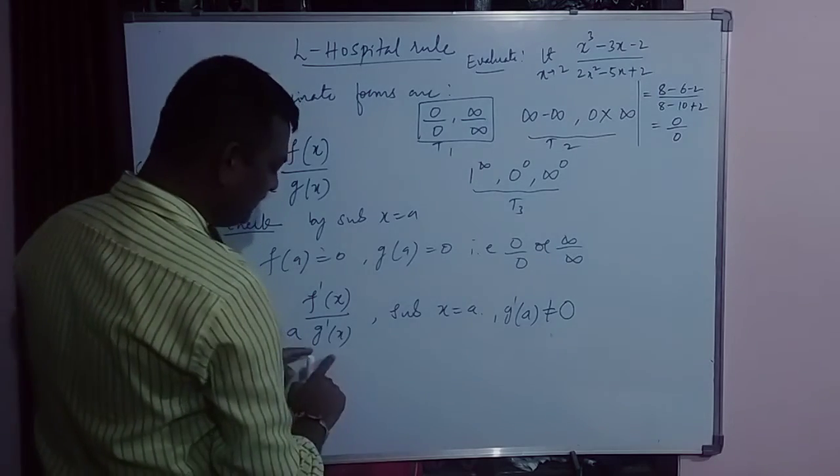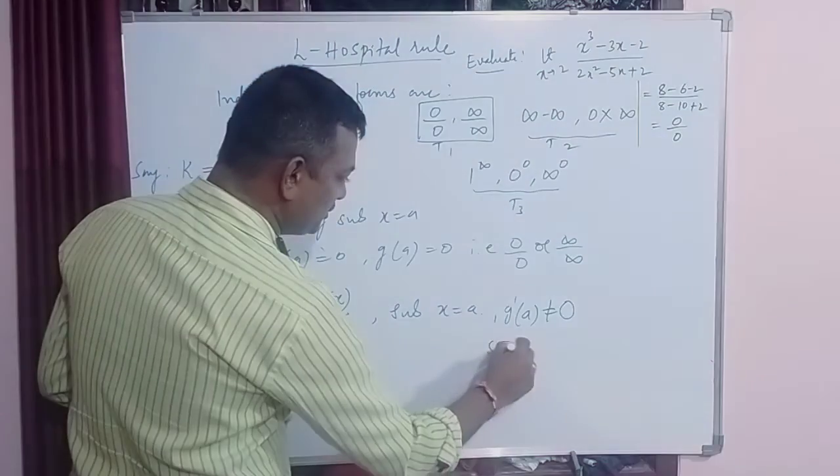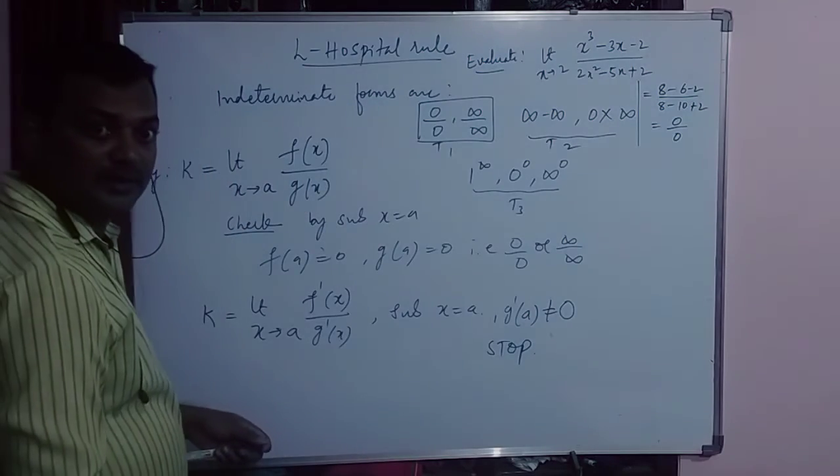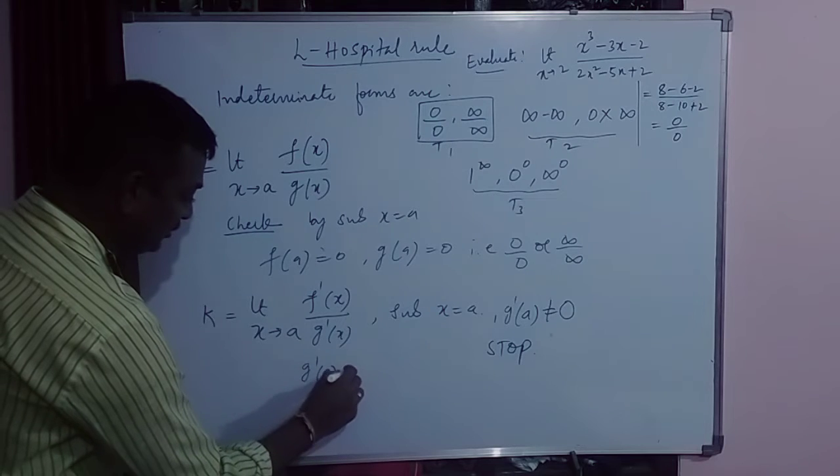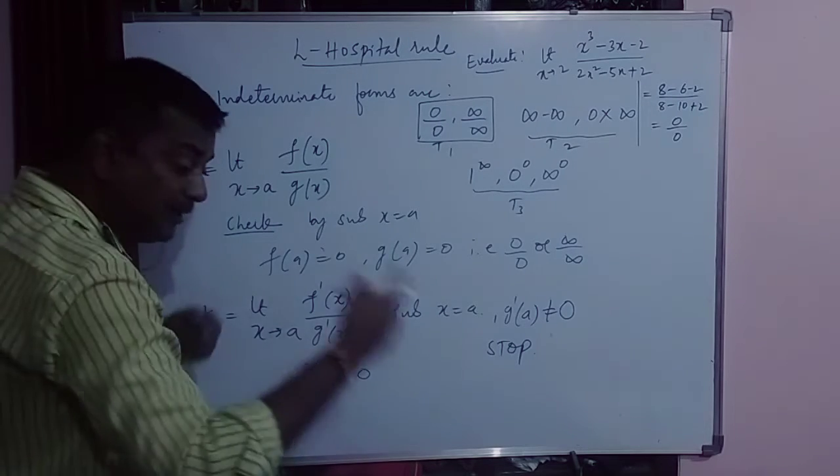So if the denominator is not equal to 0, stop the procedure. If again g dash of a is equal to 0, repeat the procedure.